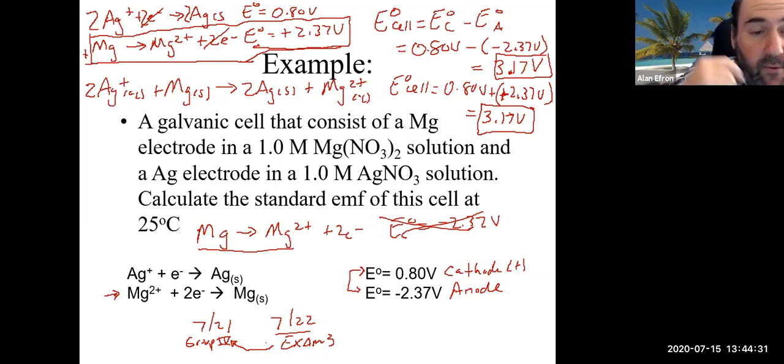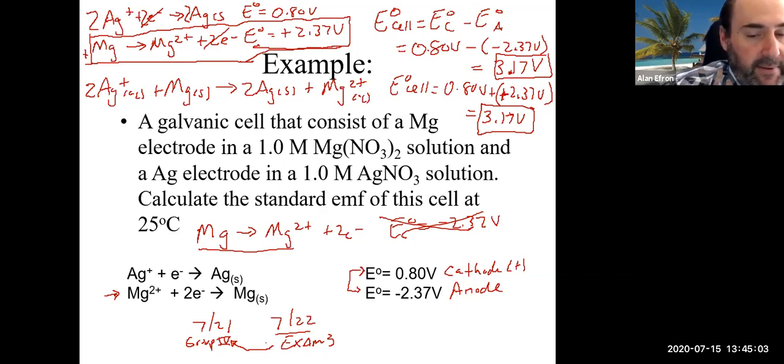We also talked about the idea of how you know which one is the anode and which one is the cathode. As we talked about last time, you can use the SRP value to determine that. Whichever one is more positive is typically the one that would be reduced, which means that would typically be your cathode.